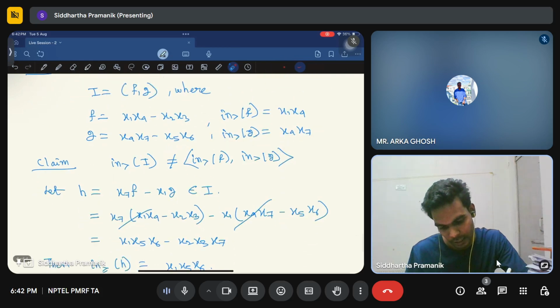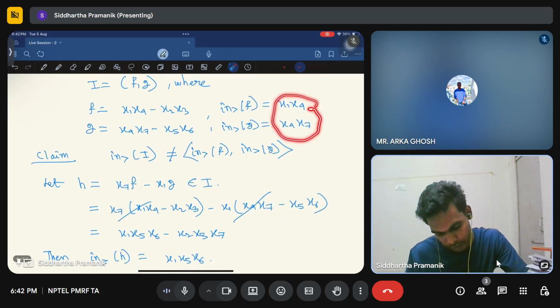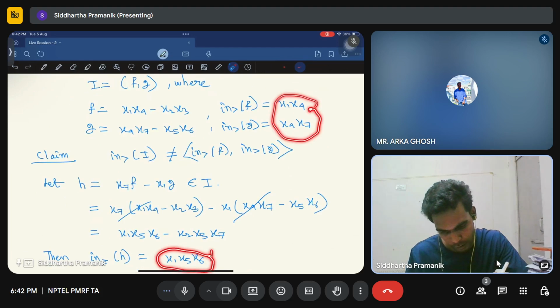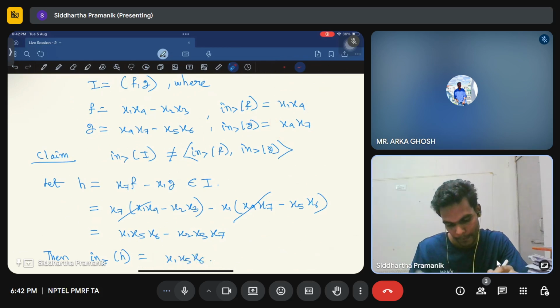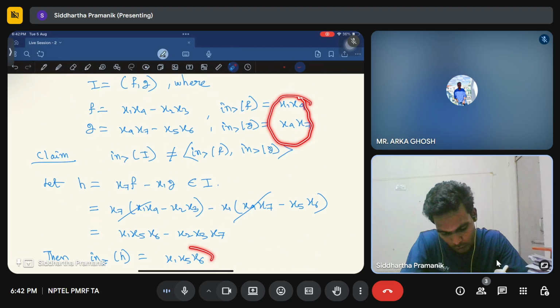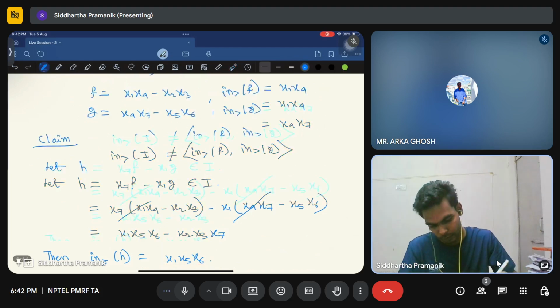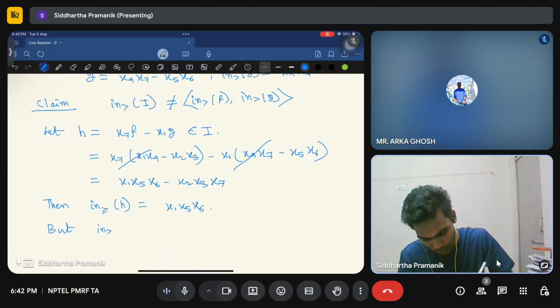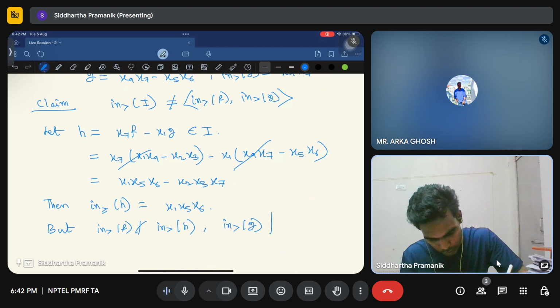We can see that none of these two terms divide initial of h, because it involves x5 and x6, and here both the terms involve x4, and x4 does not appear here. So initial term of F does not divide initial term of h, and initial term of G does not divide initial term of h.